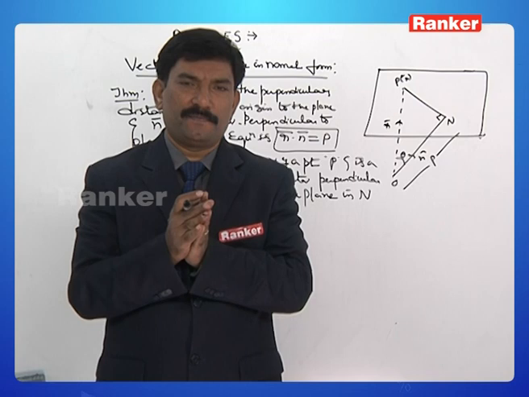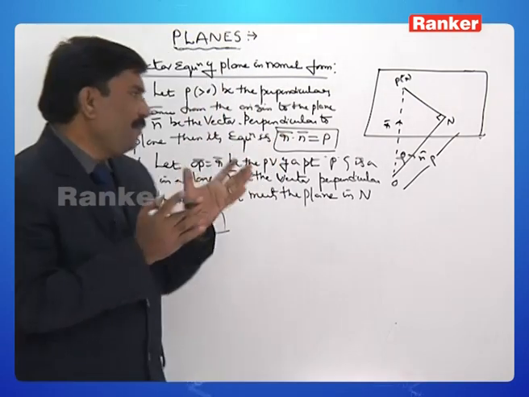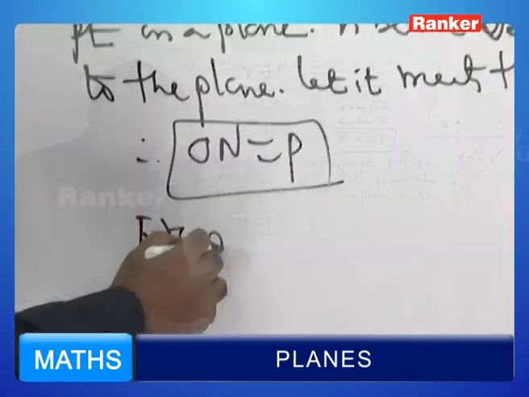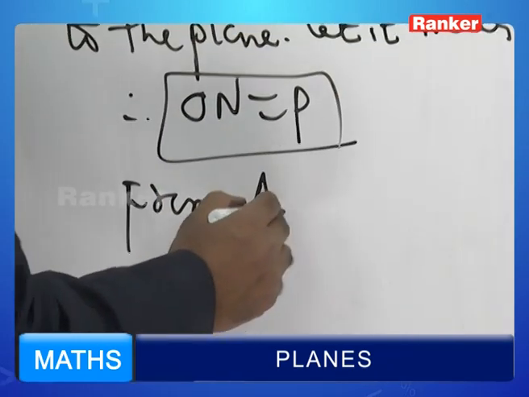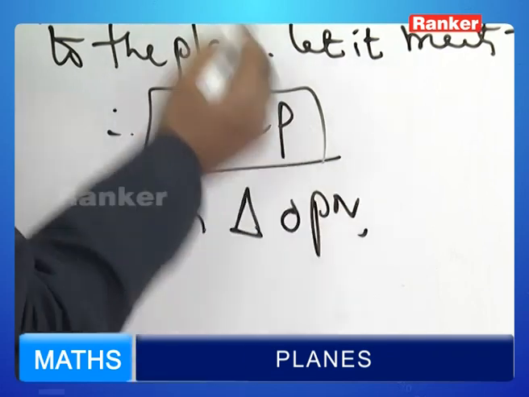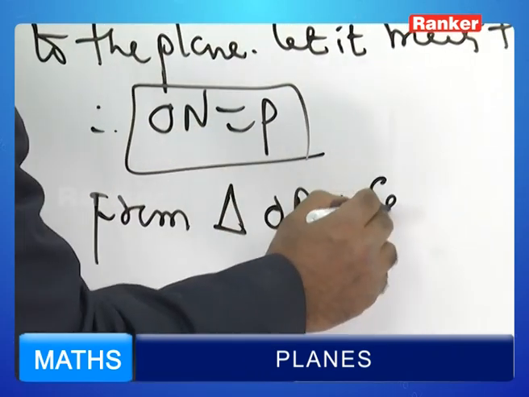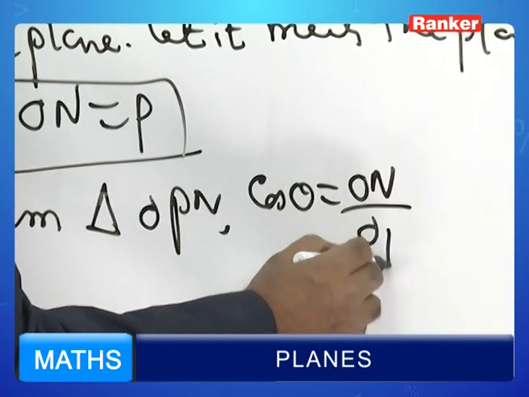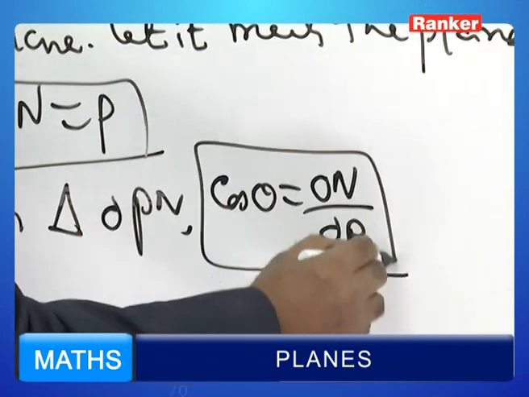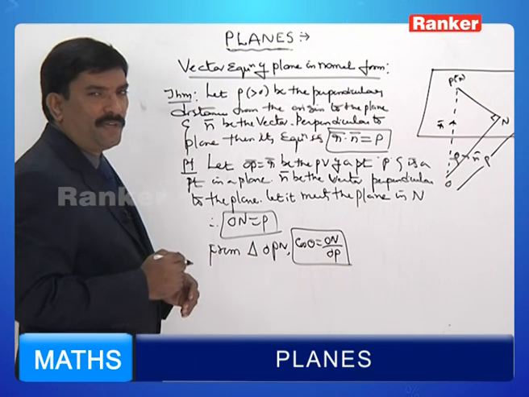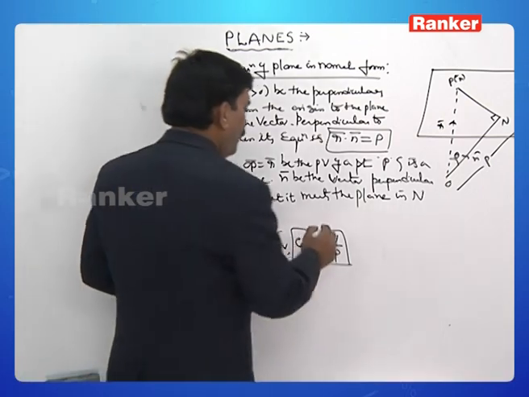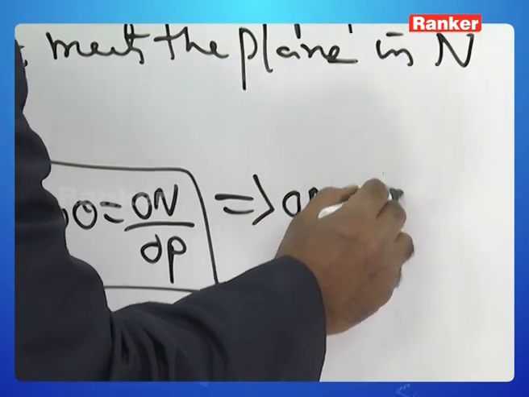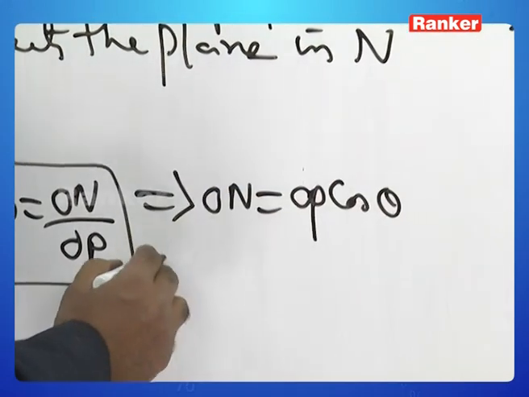Now, from triangle OPN, what is cos theta? ON by OP, which implies ON is equal to OP into cos theta.